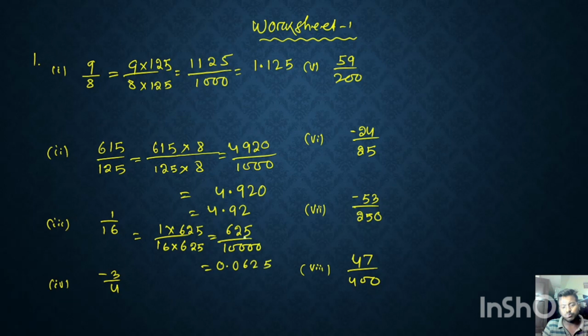Okay, because we put the decimal after 4 digits, here is 3 digits, so put 0 after the decimal. Okay. Now minus 3 by 4, so minus 3 into, then 4 into 25, so multiply 25 with the numerator, that is minus 75 divided by 100, now it is minus 0.75.